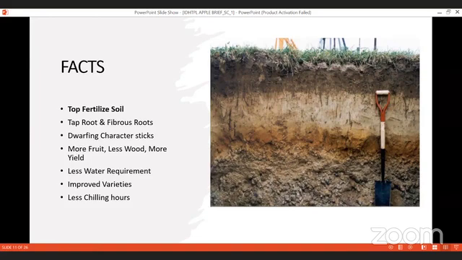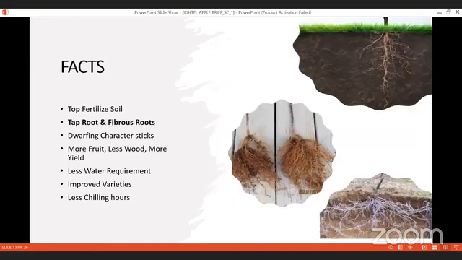Now, an important fact is that we have to normally check the strata of the soil also. Strata means the horizontal section of the soil. If we see the horizontal section of the soil here, we can very well analyze the soil strata. The root structure is also there, and we can see that well here.